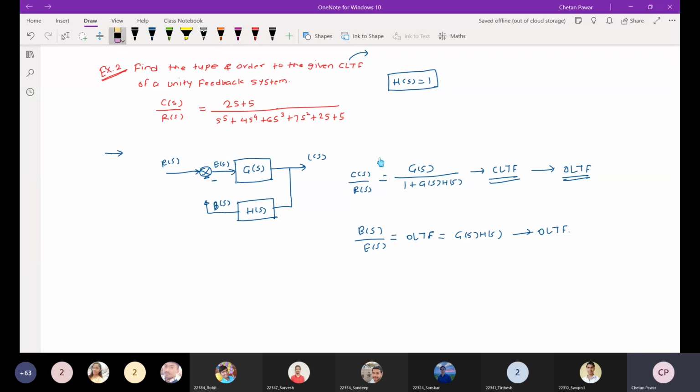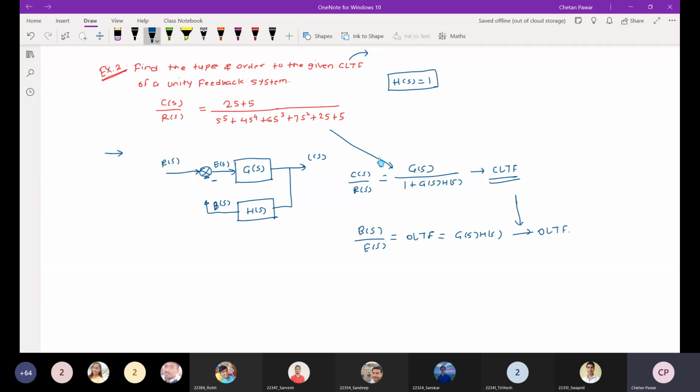Okay, so now this particular transfer function is in which form? This form, na? CLTF. So we need to convert this form into this form. So how to convert it? They have given that this is a unity feedback system. So H of S is 1.